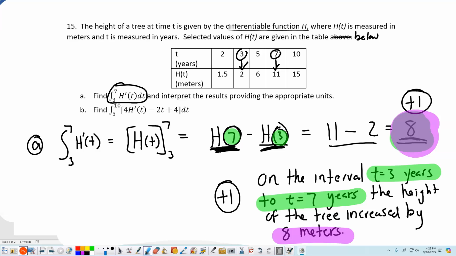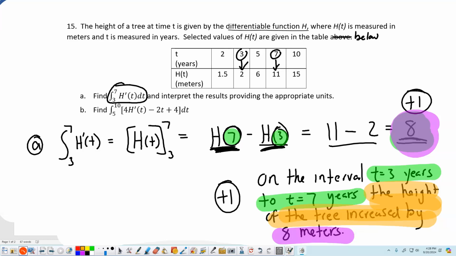And then finally, you're interpreting what the meaning is in the context of this problem. So that's where I'm saying that the height of the tree increased. So there's your context. So we need input units, we need output units, and we need the context of the story problem in order to receive full credit.